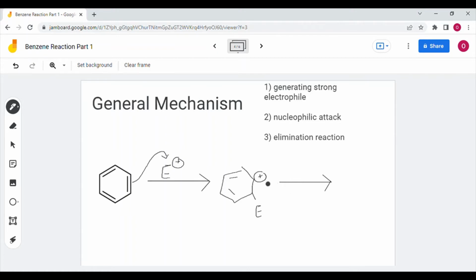To get rid of this plus charge, we do an elimination reaction. We have a hydrogen here, and some kind of base is going to attack this hydrogen. The electrons from that hydrogen will reform aromaticity, thus reforming this molecule. This is the general mechanism for any benzene reaction.